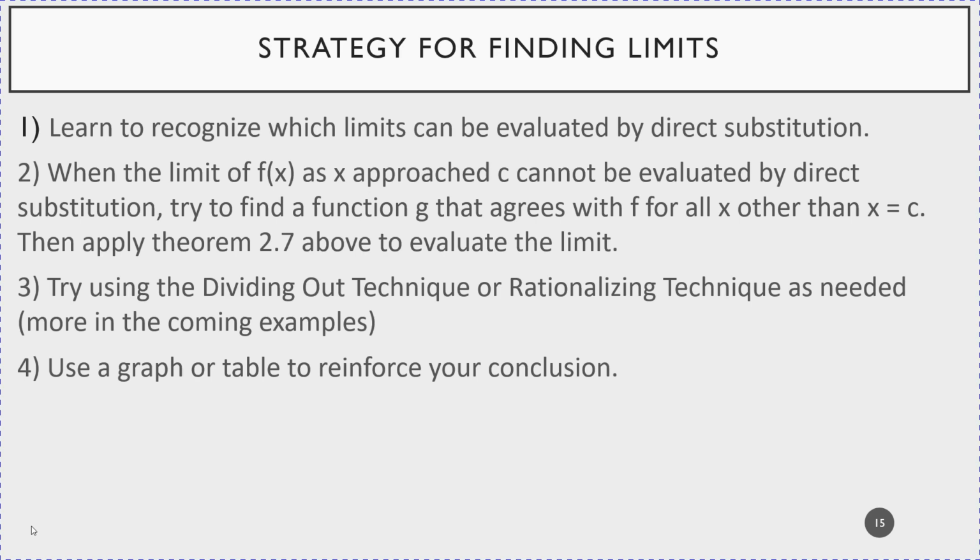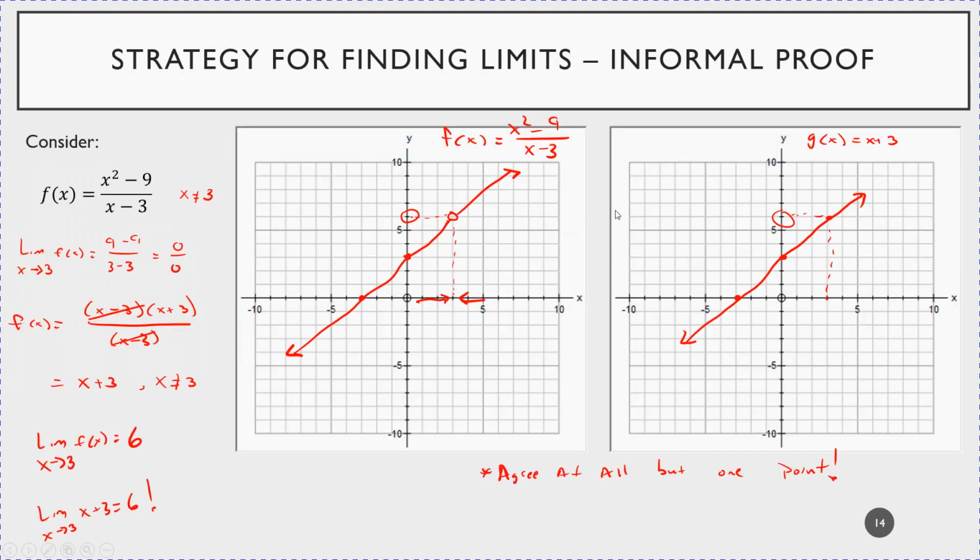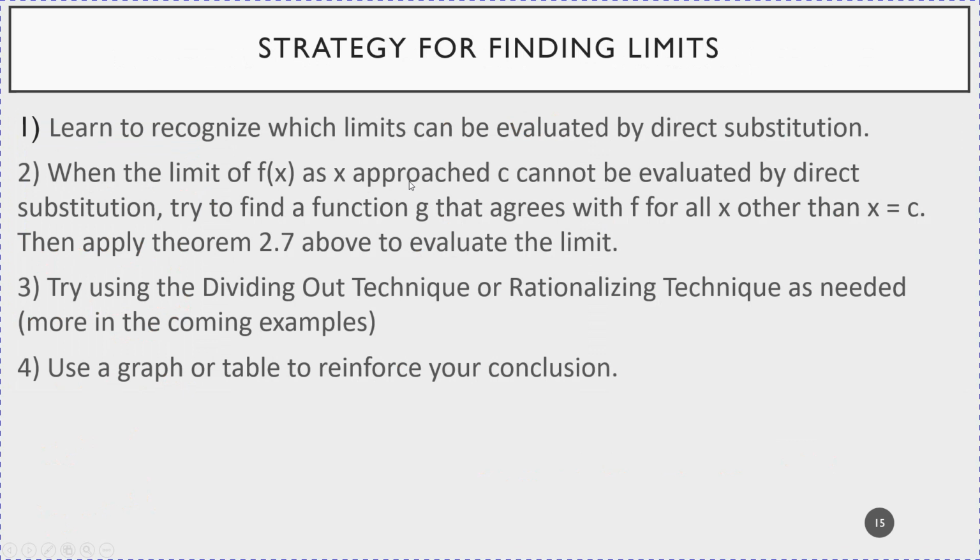The second thing: when the limit of f of x as x approaches c cannot be evaluated by direct substitution, try to find a function g that agrees with f for all x other than x equal to c. Then apply the theorem, this canceling out method I've shown you, to evaluate the limit.